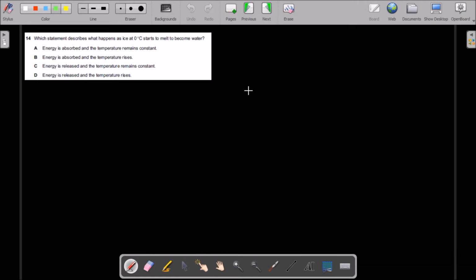Question 14. Which statement describes what happens as ice at 0 degrees Celsius starts to melt to become water? Okay. We know that when ice starts to melt, we have a mix of ice and water. That's why temperature is constant.